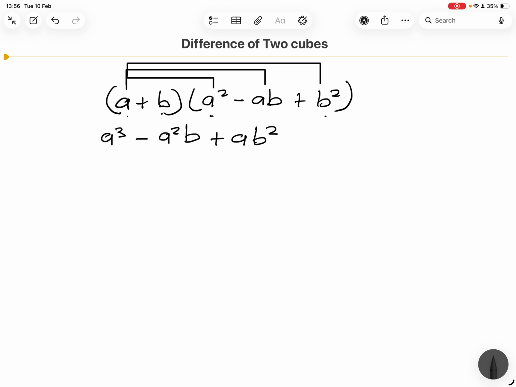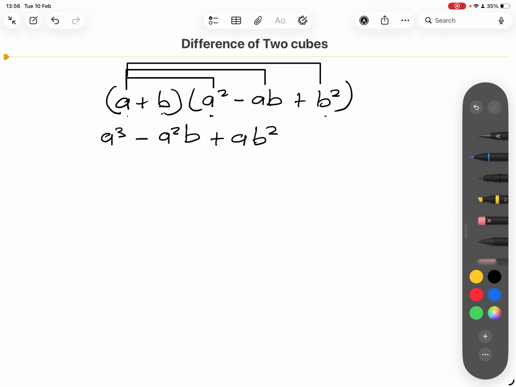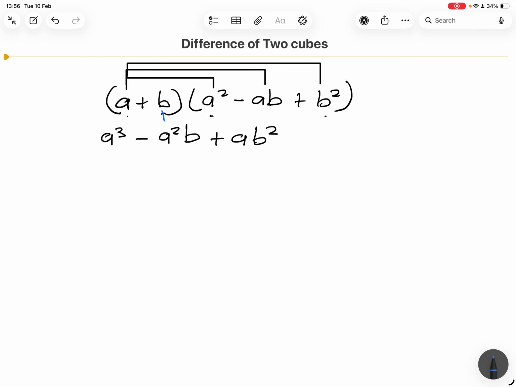Then we go for the next product, second term with the first term of our trinomial, so that gives us plus a squared b, then the next product gives us minus a times b squared. And finally, we've got plus b cubed.